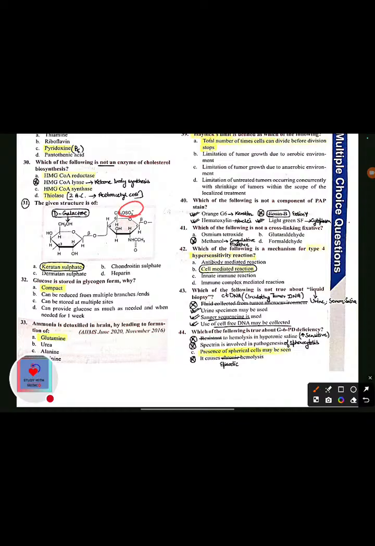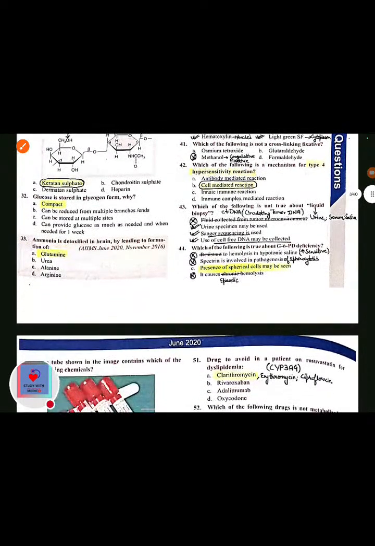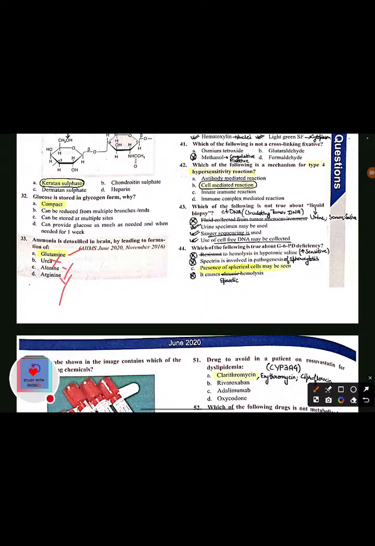Glucose is stored in glycogen form. Why? Because it is compact. Ammonia is detoxified in brain by leading to formation of glutamine. Glutamine, not urea, not alanine, not arginine.